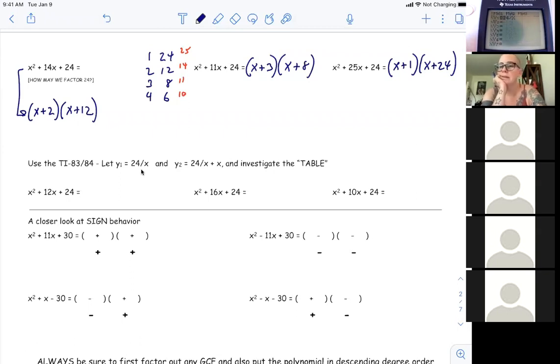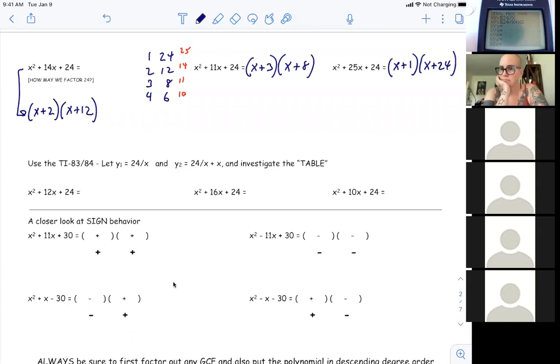Okay, but wait, there's more. We'll make a second equation using 24 divided by x again, which will be the number from that first chart, and then plus x. So it's going to take that number from the first chart and add it to the x input.